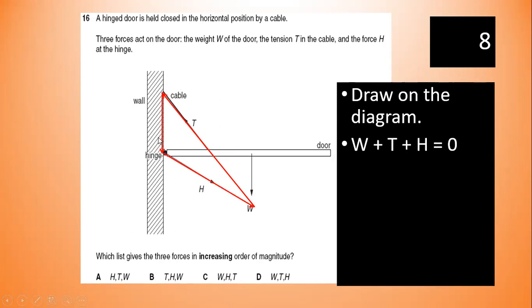That's your weight, that's your H, sorry. Then we can see which one is larger. The smallest one is the weight, the next one is H, and T is the longest. So you list the forces in increasing order of magnitude.